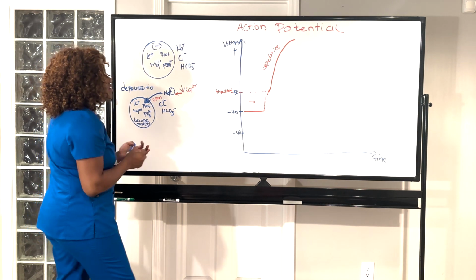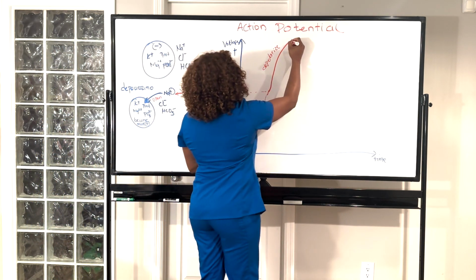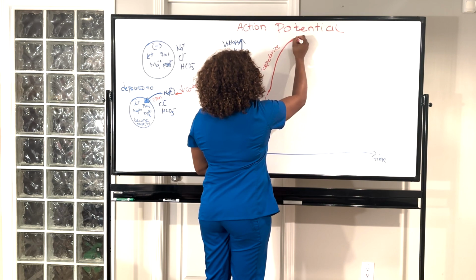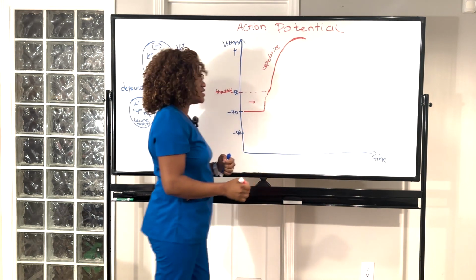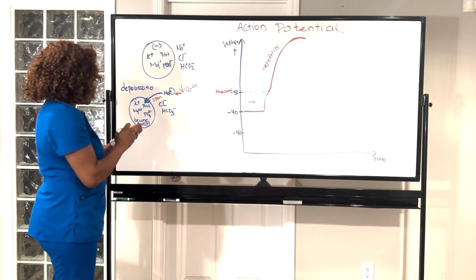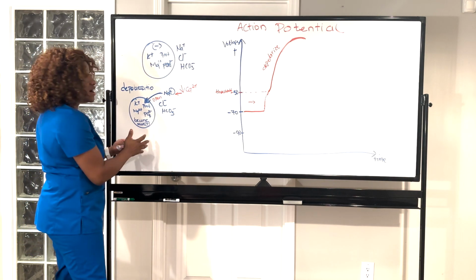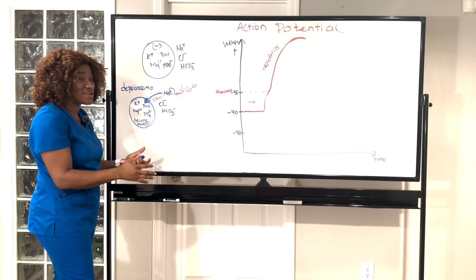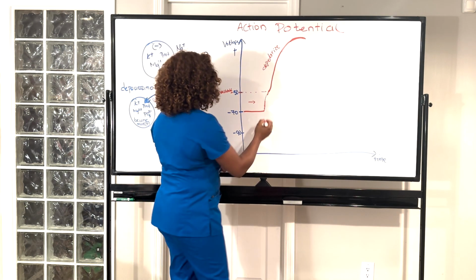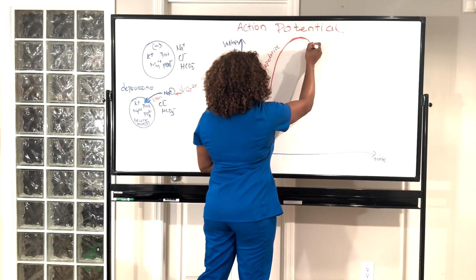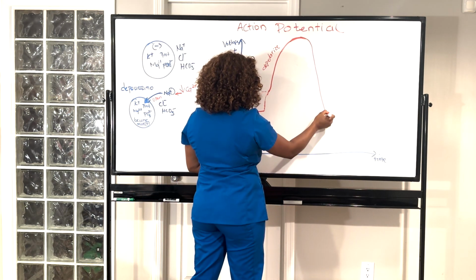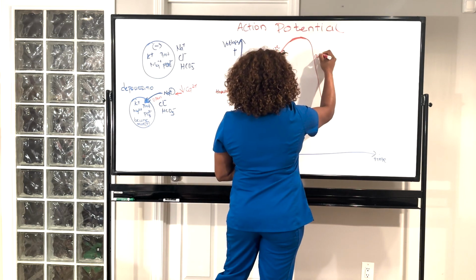Now, when the action potential reaches its max right here, the cell is going to say, oh no, I'm becoming more positive, I need to fix my charges. What is going to happen is the cell is going to repolarize.